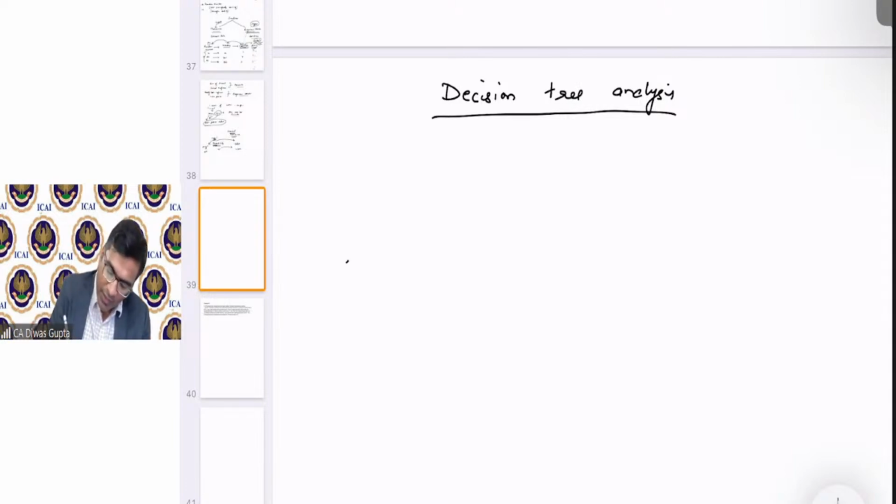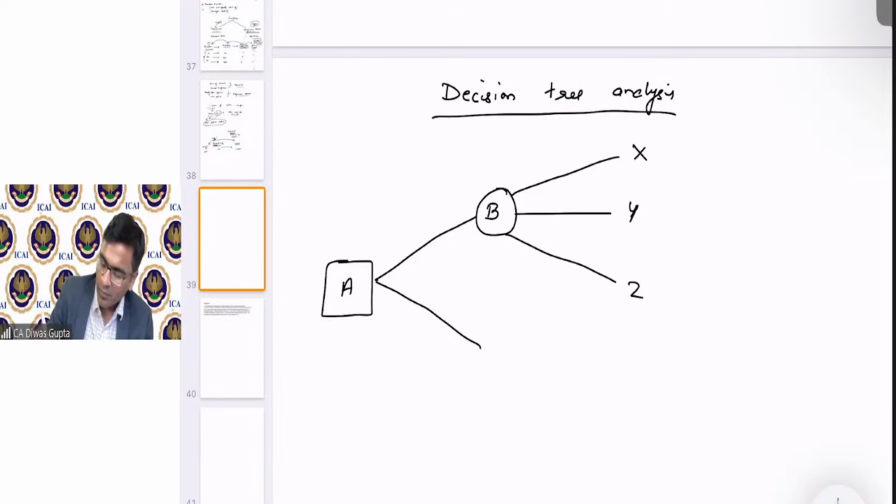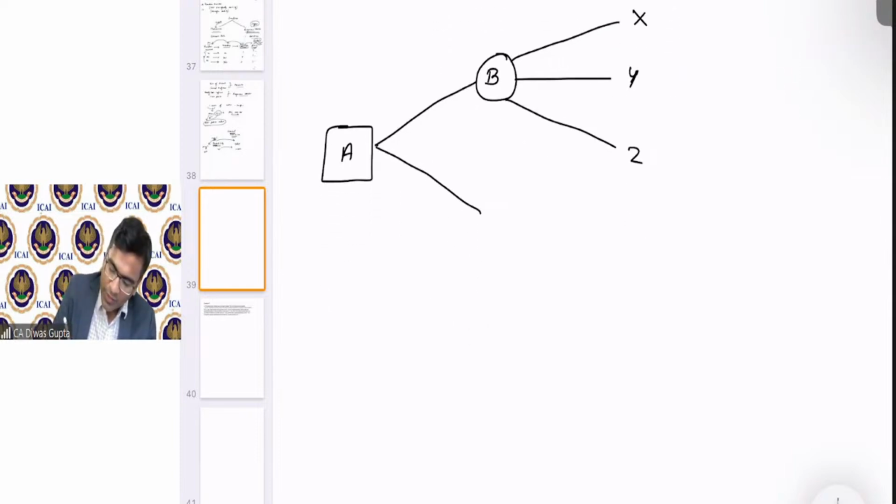See, somewhere the decision tree will look like this. Now there is some meaning attached to each and every box and each and every line. So first just understand what this square box represents.